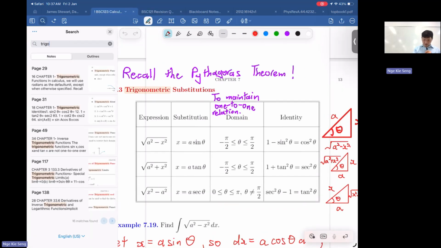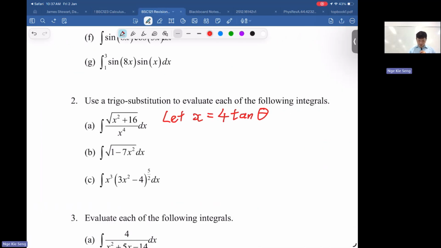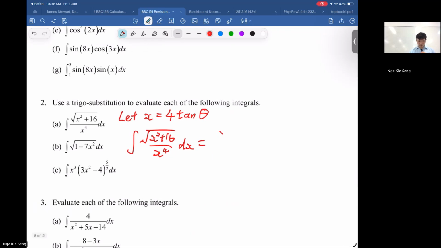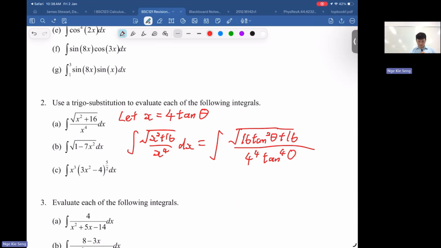Okay, and then this integral here will be turned into the square root of 16 tangent squared theta plus 16 over 4 to the power 4 and then tangent to the power 4 theta.